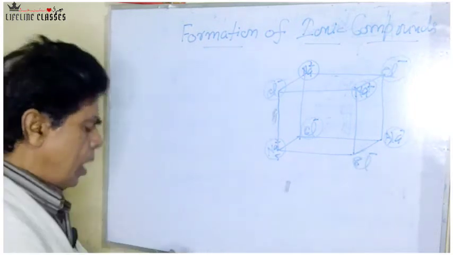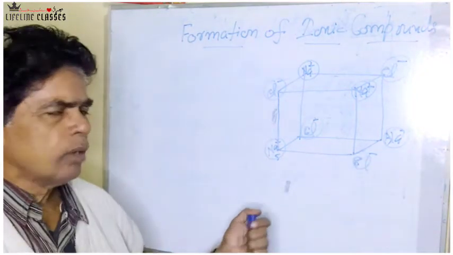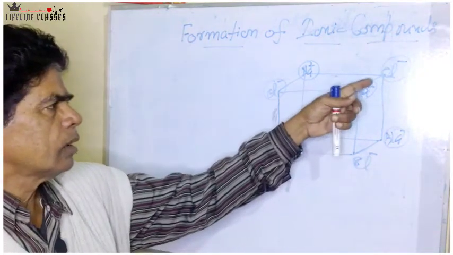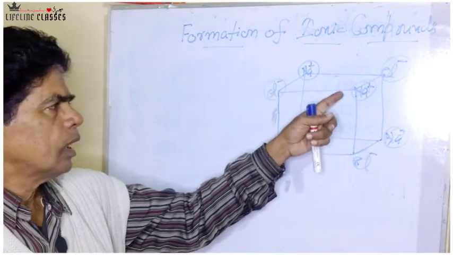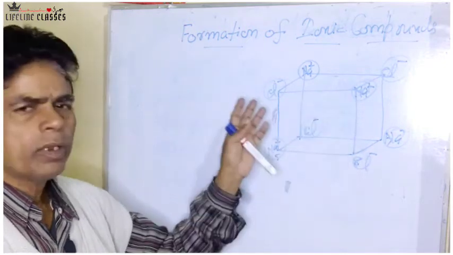So Na+ and Cl− occupy the alternate corners of this simple cubic crystal.